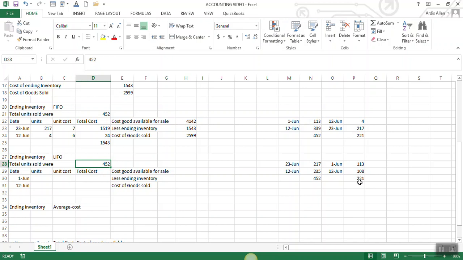The remainder of the units that weren't sold would be the units that were first purchased.